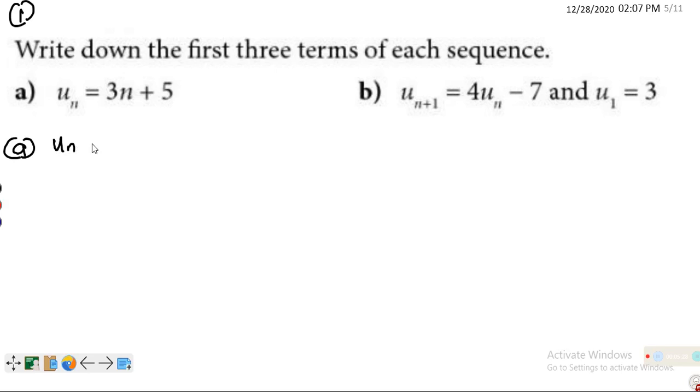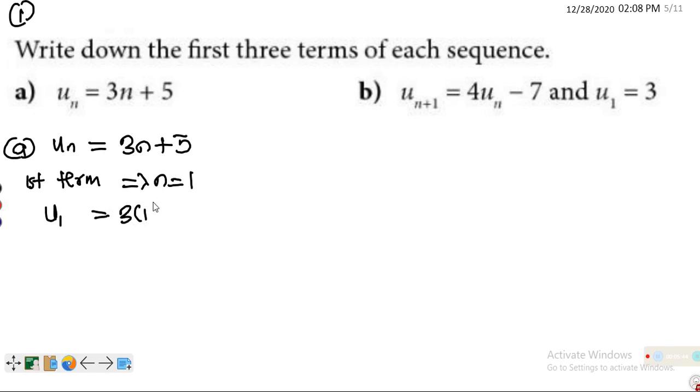For A, the nth term is given as 3n plus 5. The first term, which is when n equals 1, so that will be u1. Substitute 1 for n. We have 3 times 1 plus 5, which is 3 plus 5, which is 8.